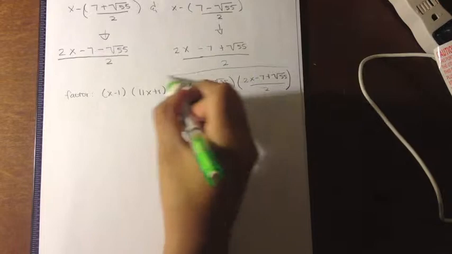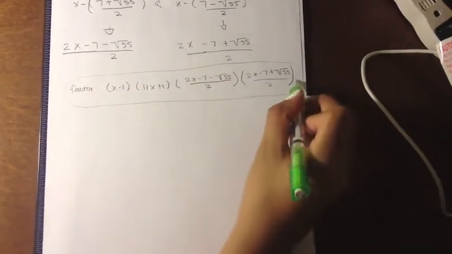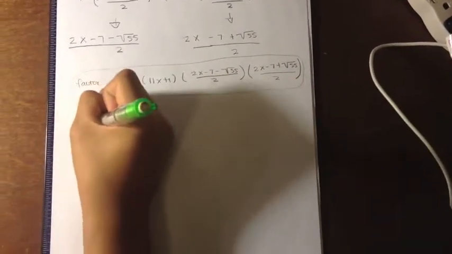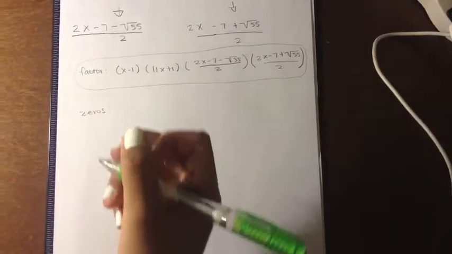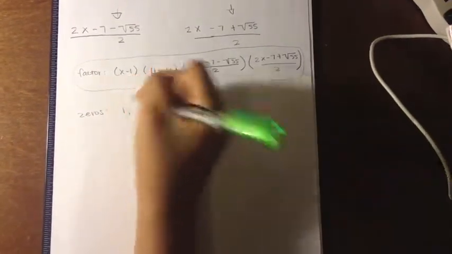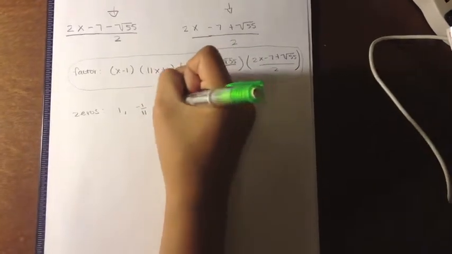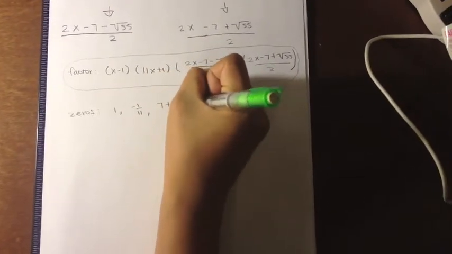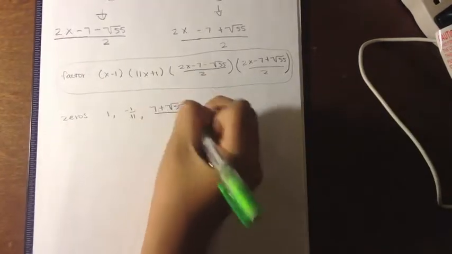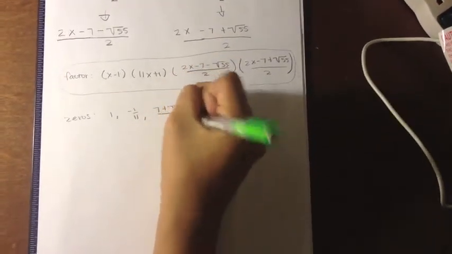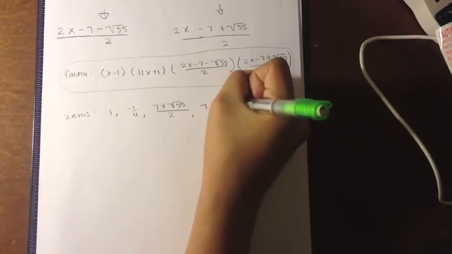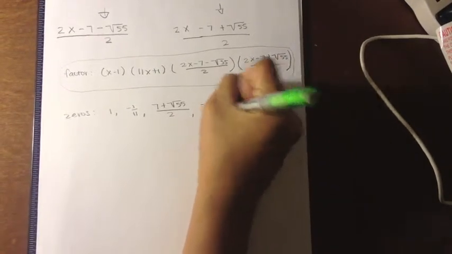So that's our factors. And our zeros, once again, are 1, negative 1 over 11, 7 plus radical 55 over 2, and 7 minus radical 55 over 2.